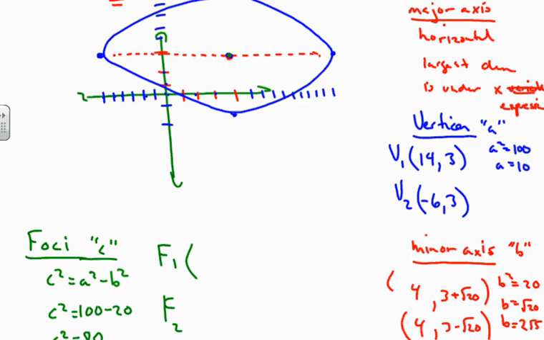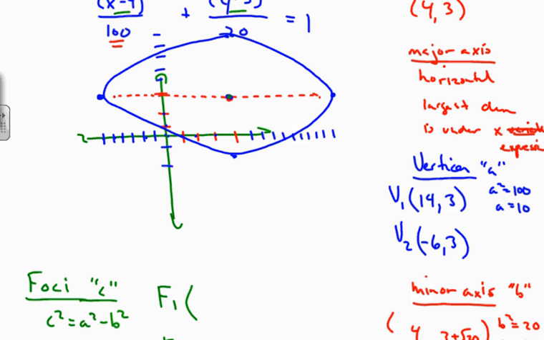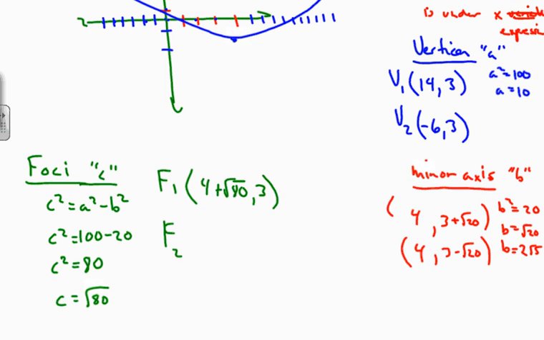We're adding to our center, which is 4, 3, the square root of 80. So we're going to have 4 plus the square root of 80, 3, and then we're going to have 4 minus the square root of 80, 3.